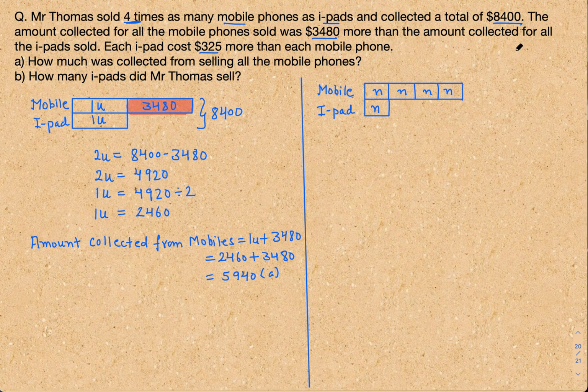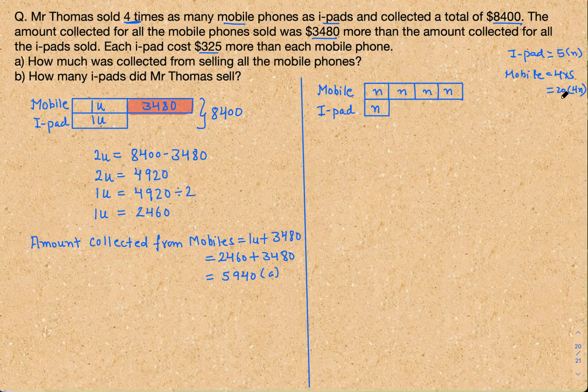Let's say, for example, the iPads he sold is 5. That means the value of n is 5. So how many mobile phones must he have sold? It will be 5 times 4, which is 20, which is 4n.